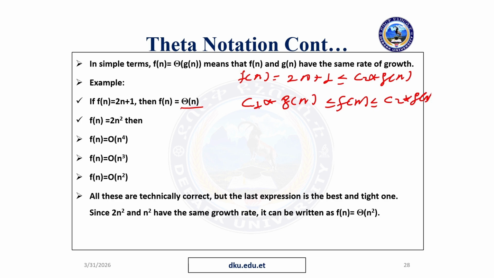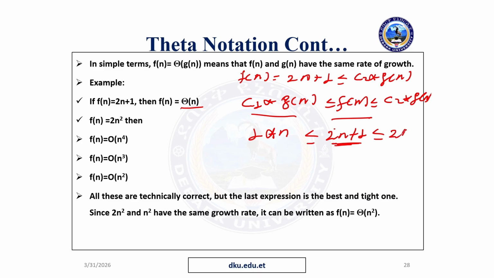In the place of c1 times g of n, we should add the function that is less or equal to f of n only. So we can simply take 1 times n only, less or equal to f of n, which is 2n plus 1. Then, less or equal to, we should write a function which is greater than this one.